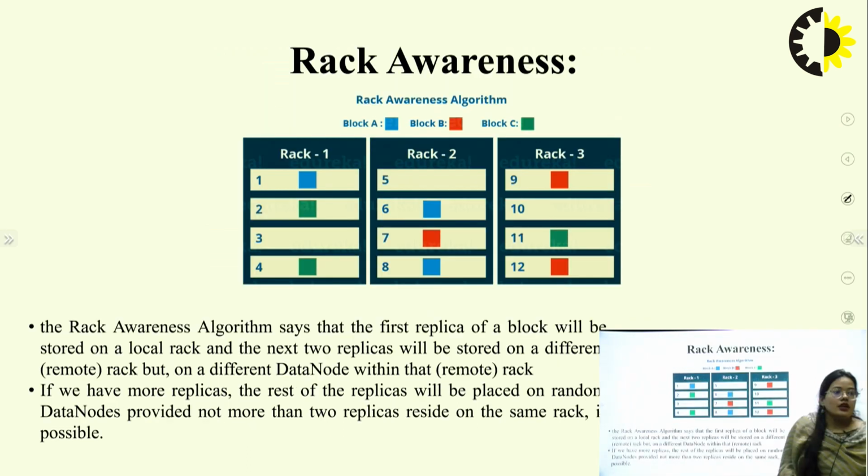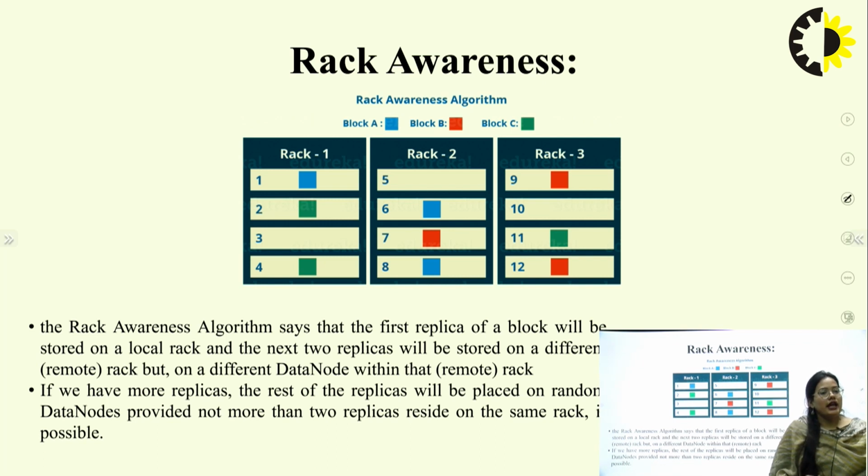Okay, now let's discuss more about how HDFS places replicas and what rack awareness is. The NameNode also ensures that all the replicas are not stored on the same rack or a single rack.